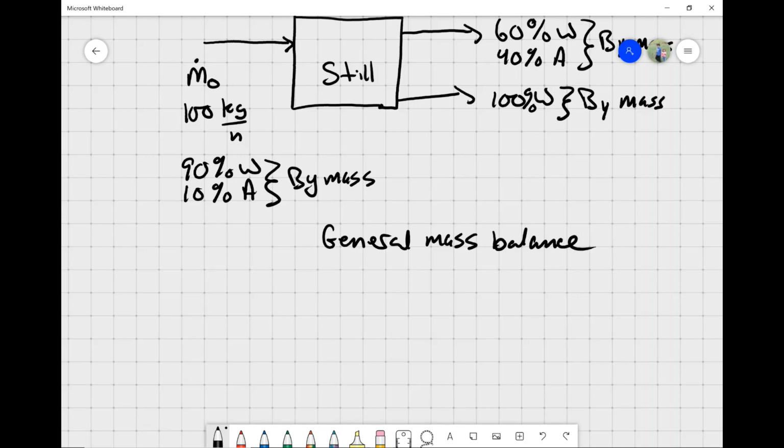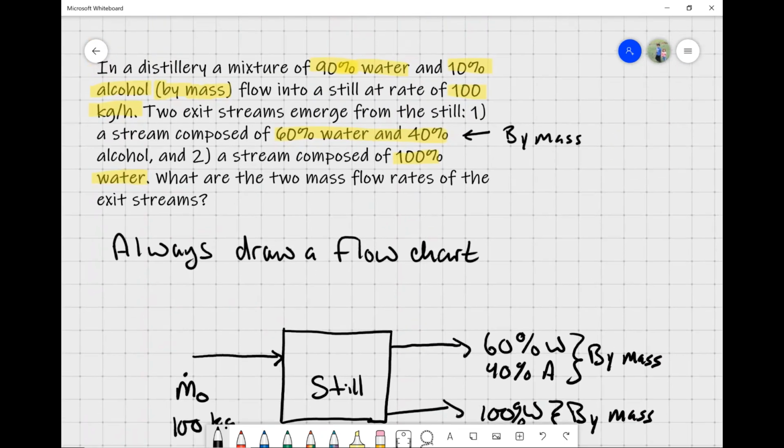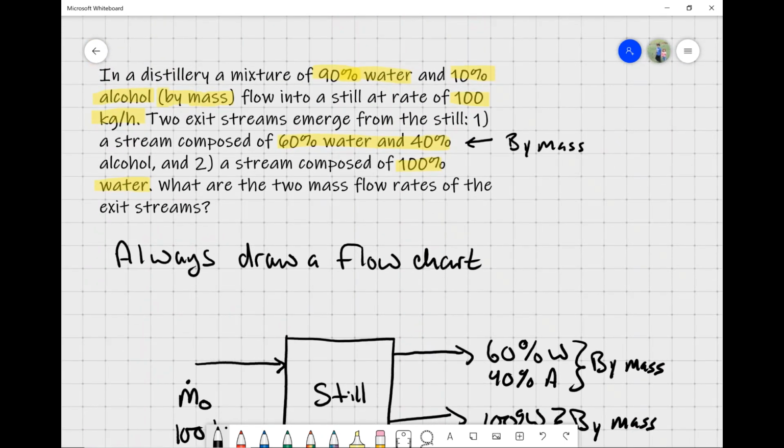And so we said input plus generation minus output minus consumption equals accumulation. Okay, and we can assume it's a steady state. We have a flow rate.